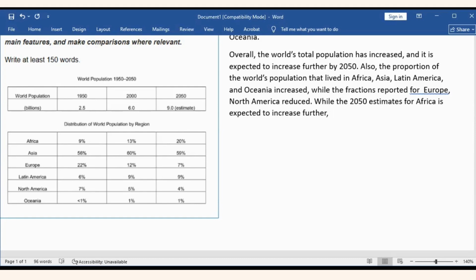Can you see that? You can see estimate here. So all the things here represent estimates.